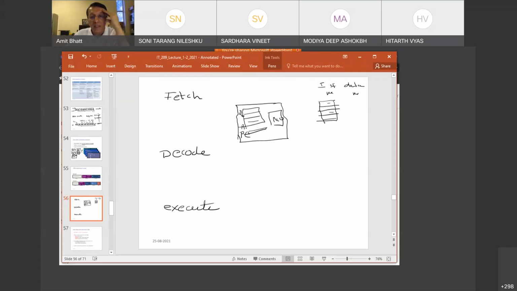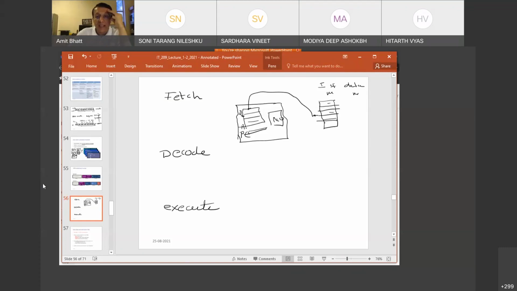So fetch means you fetch something from the memory. And if the memory address is this, you go and fetch this instruction and put it into one of the registers. Now the value has come over here.